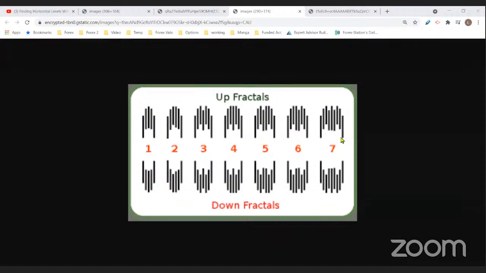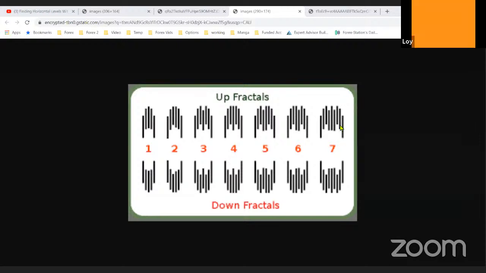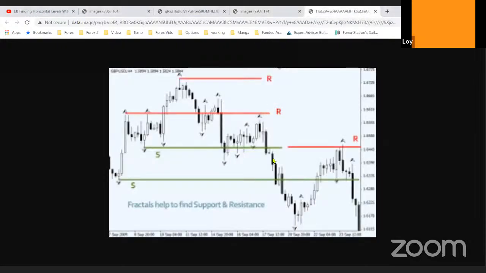But in the broad picture, no matter how many fractals you're looking at, it will still be a V or inverted V. The MT4 by itself has the fractal, and you can't adjust it. It's a standard 5 fractal formation. This is what you have in the MT4. Go to browse the indicators and just look for fractals. It is there.